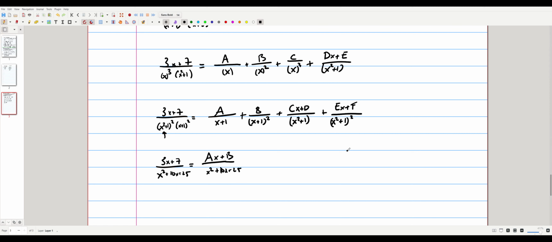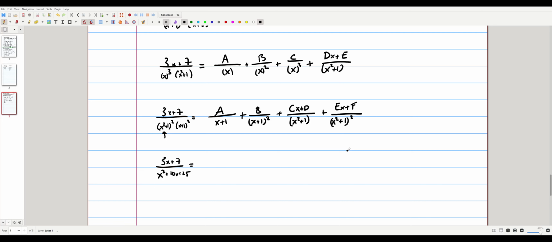What you'll notice is this doesn't really help at all, because it's basically telling you that a is 3 and b is 7, and it can't be broken up any more than that. But that's because we didn't notice that the bottom is actually not factored yet.